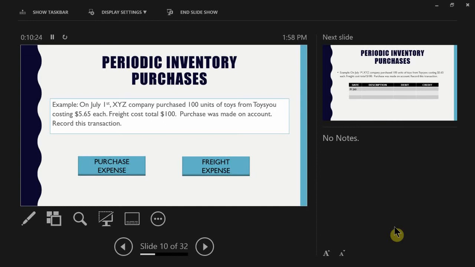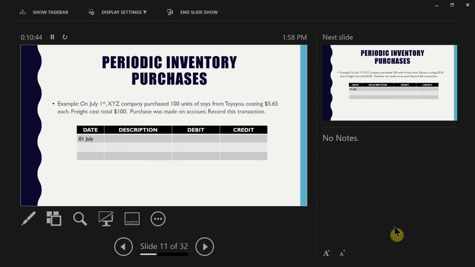This is what the seller is selling the items to you for. Any extra additional cost, such as freight and shipping, is going to be separated from the purchase price. So that's why we're going to have two accounts.